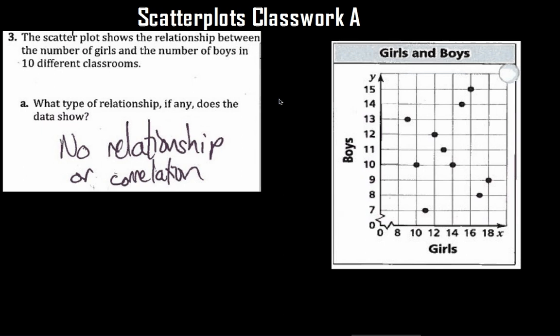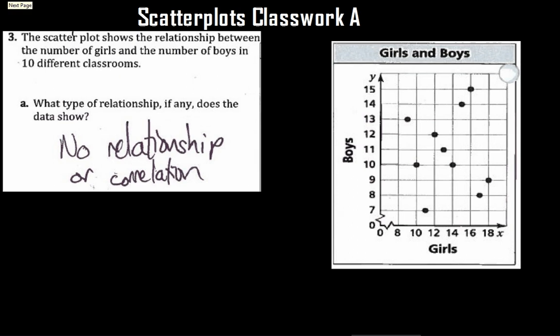As long as you are thinking reasonably, meaning if you're looking at this and saying, hey, it's kind of hard to draw a line, I don't really see a pattern or a trend, it's pretty straightforward, right? So that means there's going to be no relationship or no correlation. It does not matter the number for any of those. So there's not going to be a relationship or correlation.